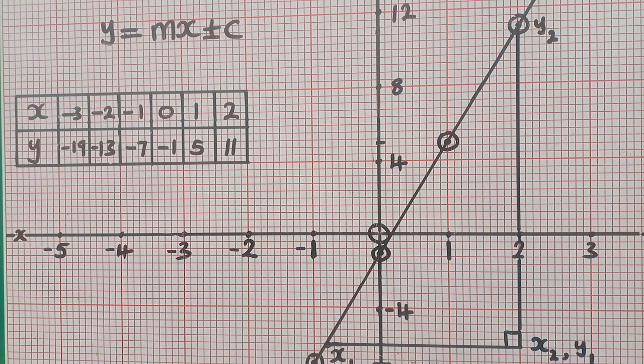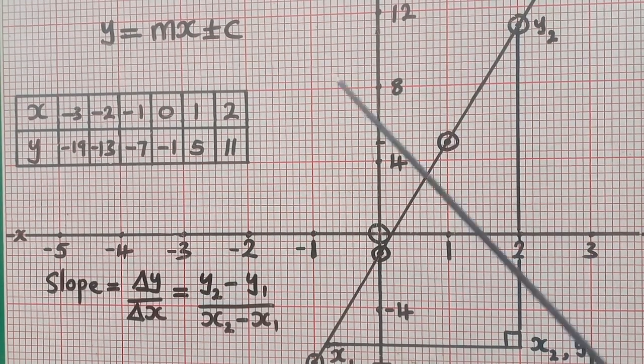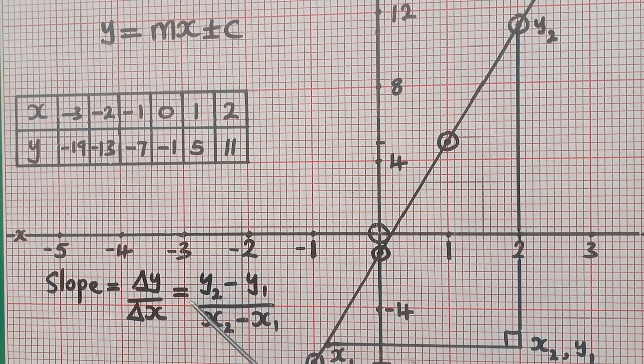Let's recall the formula. The formula for calculating slope is given as change in y over change in x. Don't forget that change in y is given by y2 minus y1, while change in x is given by x2 minus x1. Now, we use this to find the slope from this graph we just plotted.